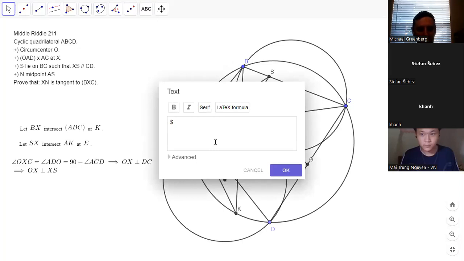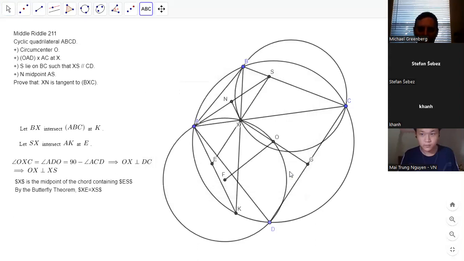So X is the midpoint of the chord, and then by the butterfly theorem, XE equals XS, and that implies NX is parallel to AK.